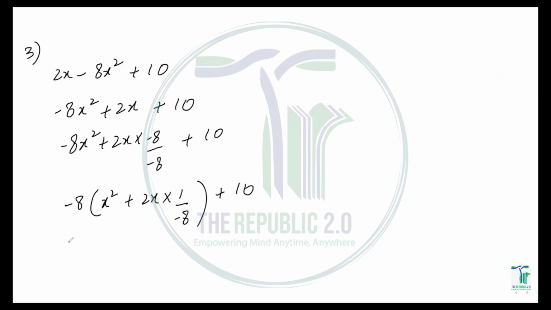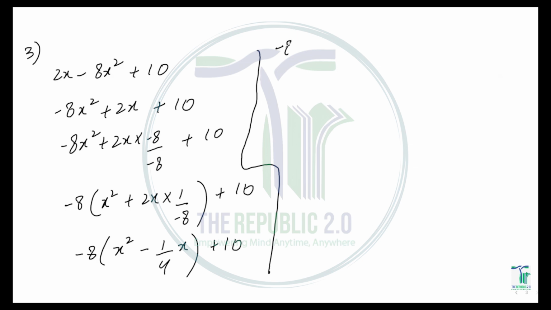And at the end of the day, I would be having negative 8 bracket x squared negative 1 by 4 x plus 10. Now I'm going to do the same thing, negative 8, and I would end up having x negative. Because there is a negative, you have to use a negative.